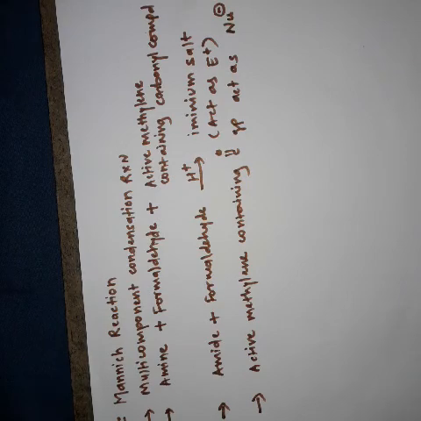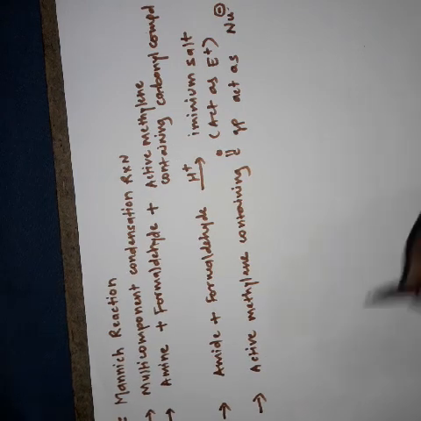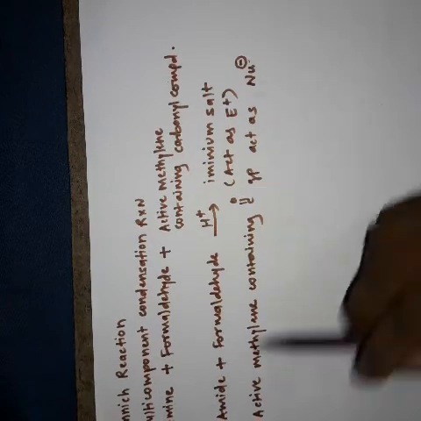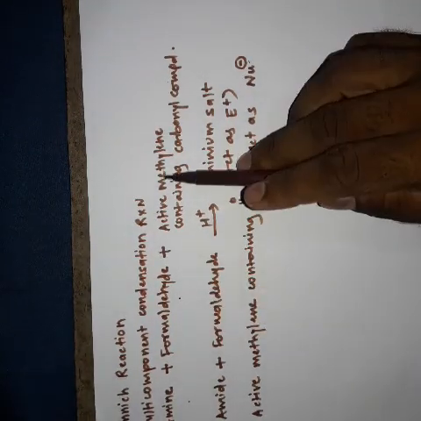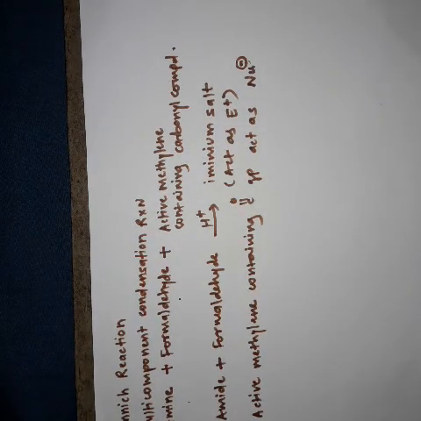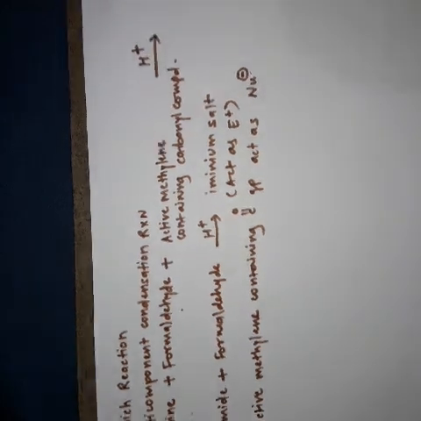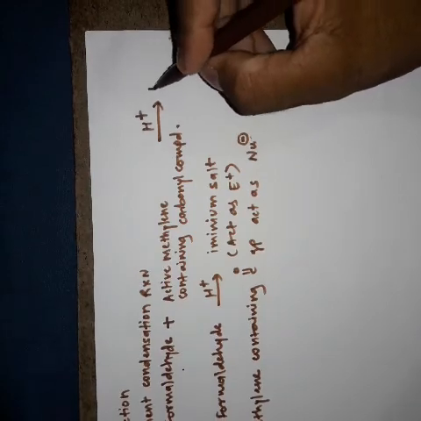In the third step, the electrophile and nucleophile react together to give us a Mannich base. So basically amine plus formaldehyde plus active methylene containing carbonyl compound, in the presence of acidic condition, provide us the Mannich base.